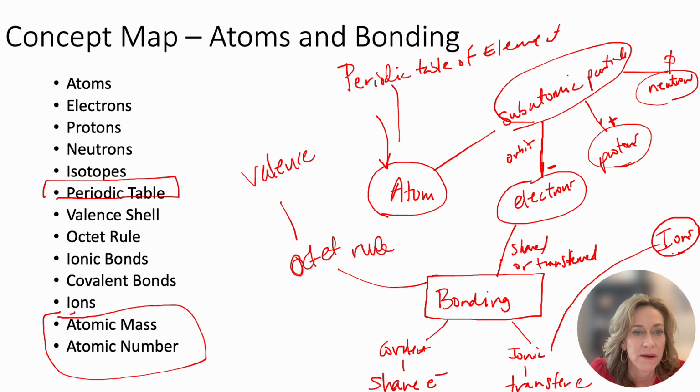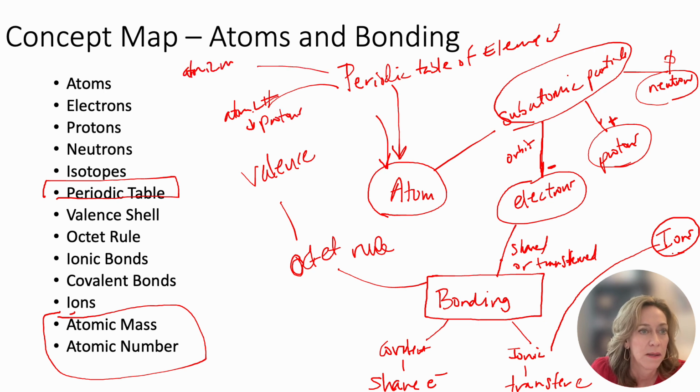And then I would say, okay, an atom is the smallest piece of each of those elements, right? And from the periodic table is where I'm going to find my atomic number, which we know is protons, okay? And my atomic mass, which is protons plus neutrons.